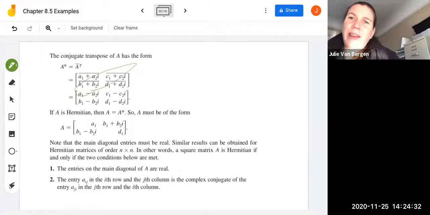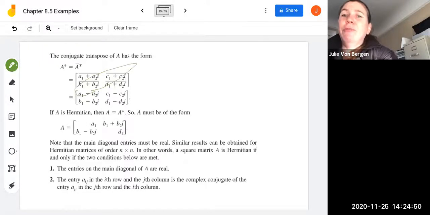That's A1 minus A2i in the first entry. The second entry, because of the transpose, is now C1 minus C2i. The second row, first entry is now B1 minus B2i. And the last entry is D1 minus D2i.